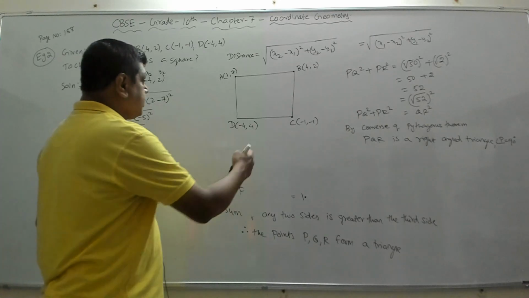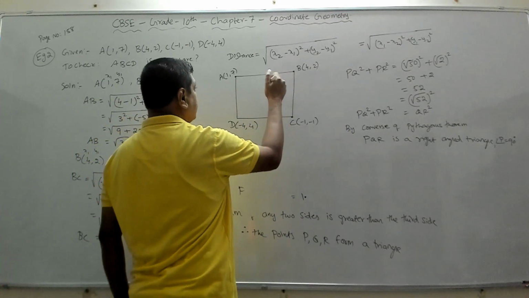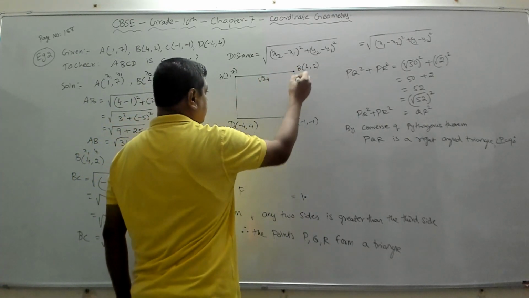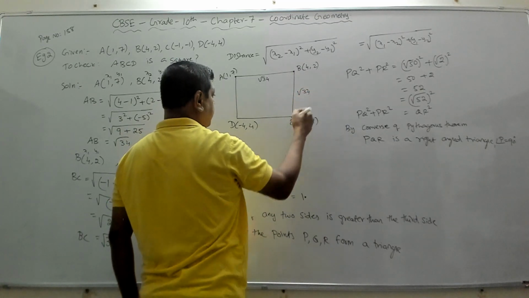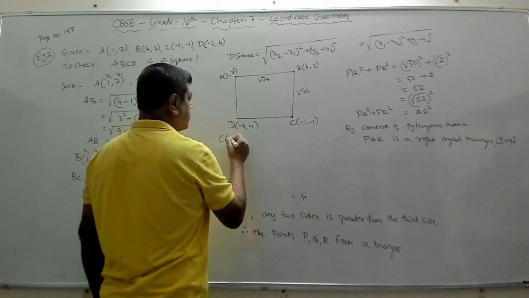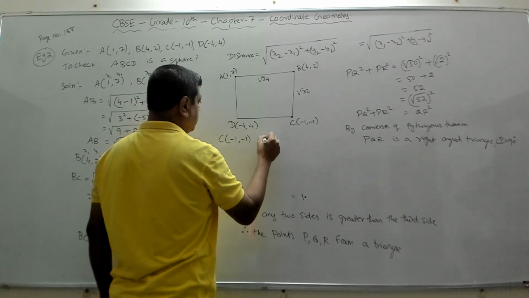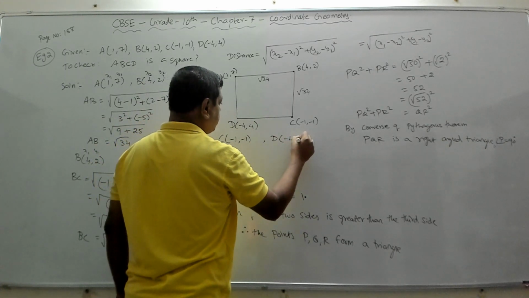So we have found AB, we got root 34. We found BC, that is also root 34. Let's find CD. C is (minus 1, minus 1) and D is (minus 4, 4).